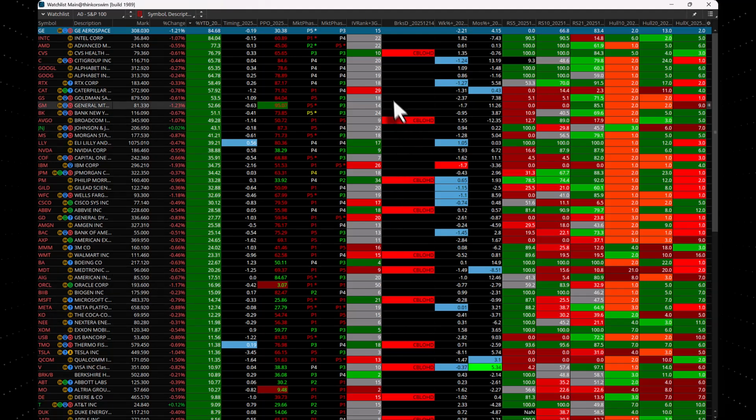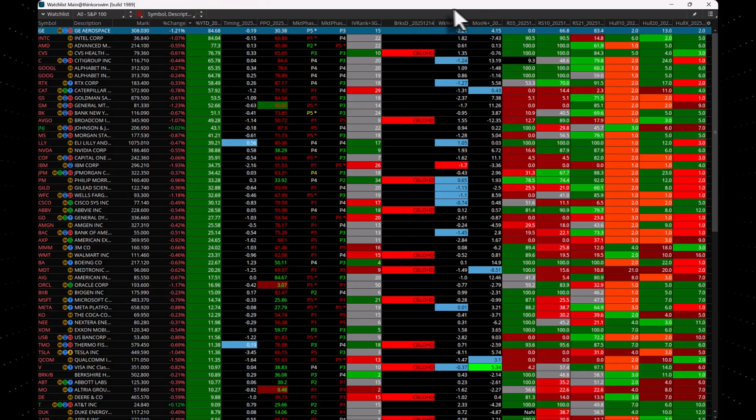So they did. So you see, here we are looking at the S&P 500, and there's a lot of close below the high day. So there were a lot of pullbacks today. A lot of red here in the percentage changes column, and we were just talking about the white dots.